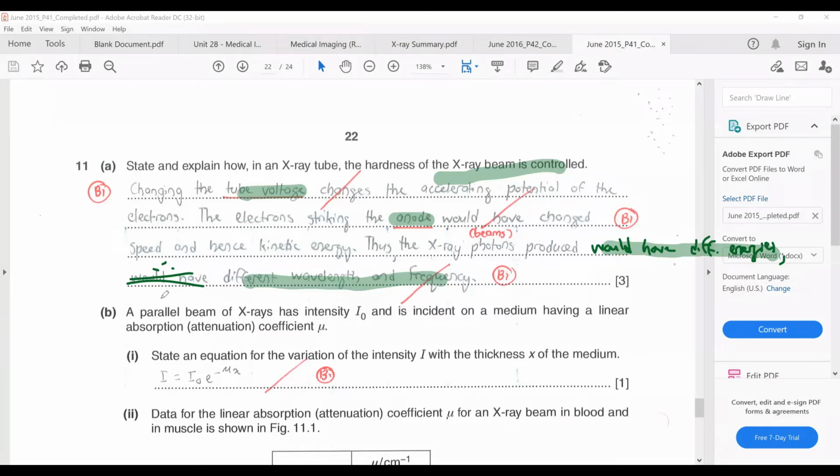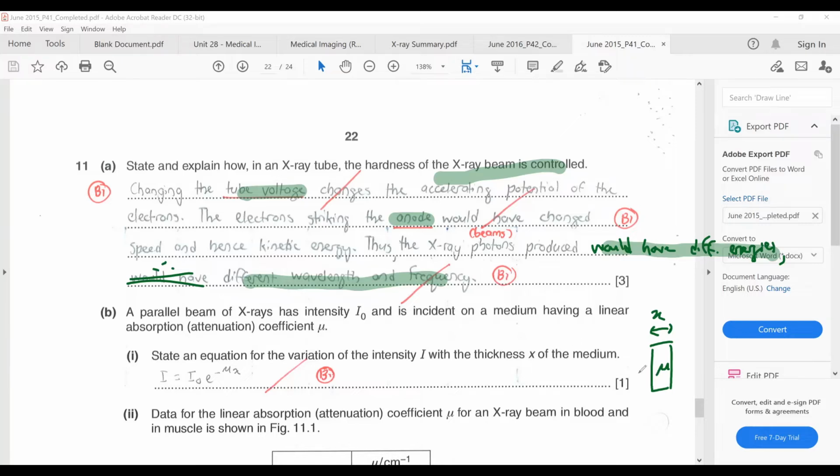Now, the other part, part B. They tell you that you have a parallel beam of X-rays with intensity I naught incident on a medium having a linear absorption coefficient, or linear attenuation coefficient, mu. State an equation for the variation of intensity with thickness x of the medium. They are talking about a layer of medium with thickness x and linear attenuation coefficient mu.